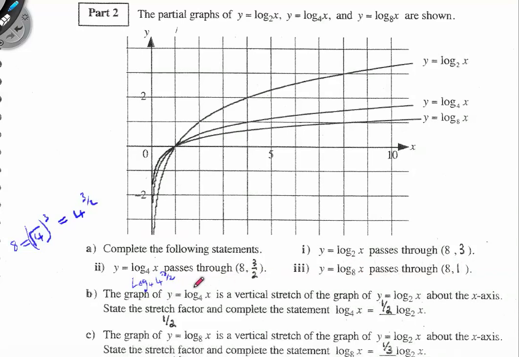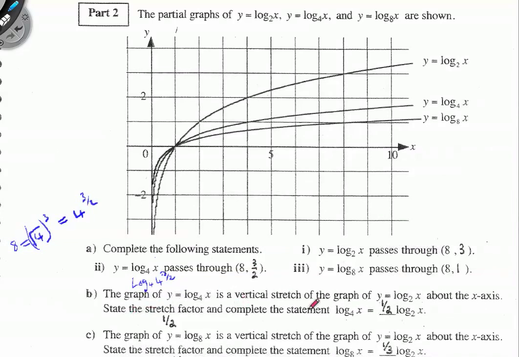The graph of y equals log x base 4 is a vertical stretch of the graph of log x base 2 about the x-axis. State the stretch factor and complete the statement. Well, we can see that in going from here to here, what's happened is the vertical stretch.